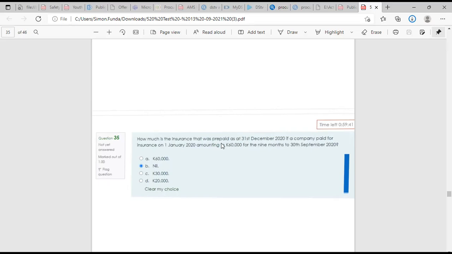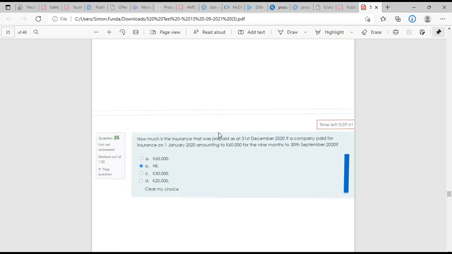I hope you understand the principle. Yes, I do. So we paid up to September and we are preparing the financial statements as at 31st December. If we didn't make any payment from October to December, then we cannot say we had paid in advance. The money that we paid was just up to September.